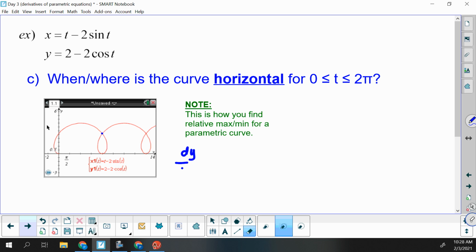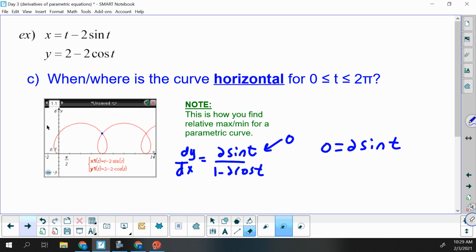We had dy over dx was equal to 2 sine t over 1 minus 2 cos t. When the curve is horizontal, the derivative is equal to 0. So we would want the top to equal 0. So we're going to have 0 equals 2 sine t, or in other words, sine t equals 0.